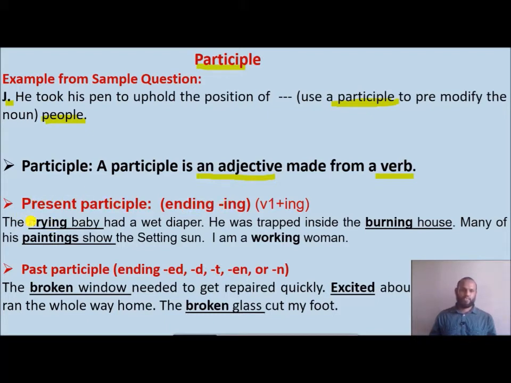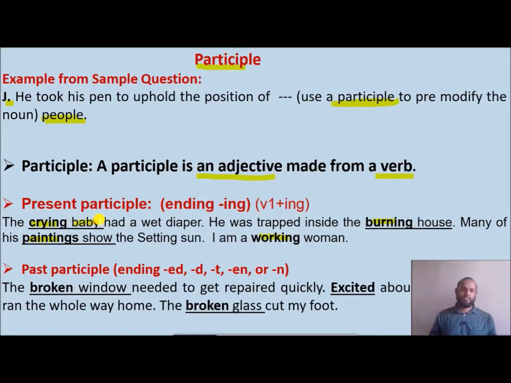Verbs ending with ing are known as present participles. You see here crying, painting, burning, working, all the verbs have ing with them, and they are working here as participles because they are telling something or describing a noun.